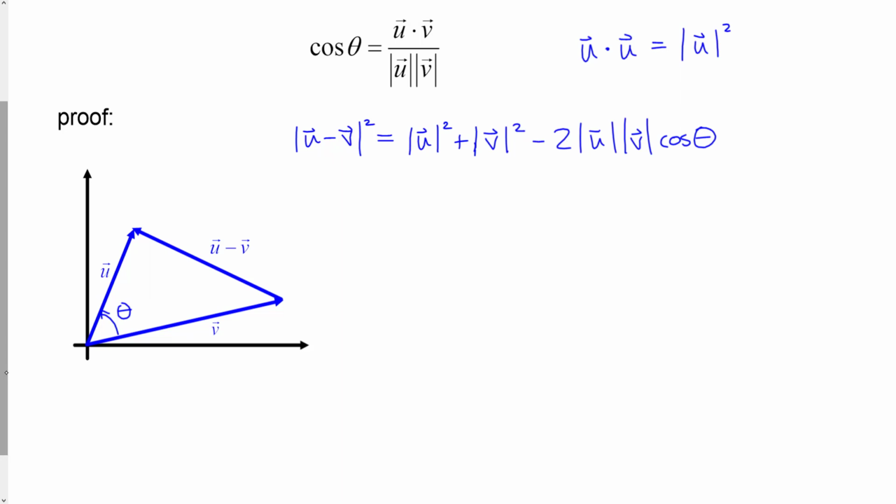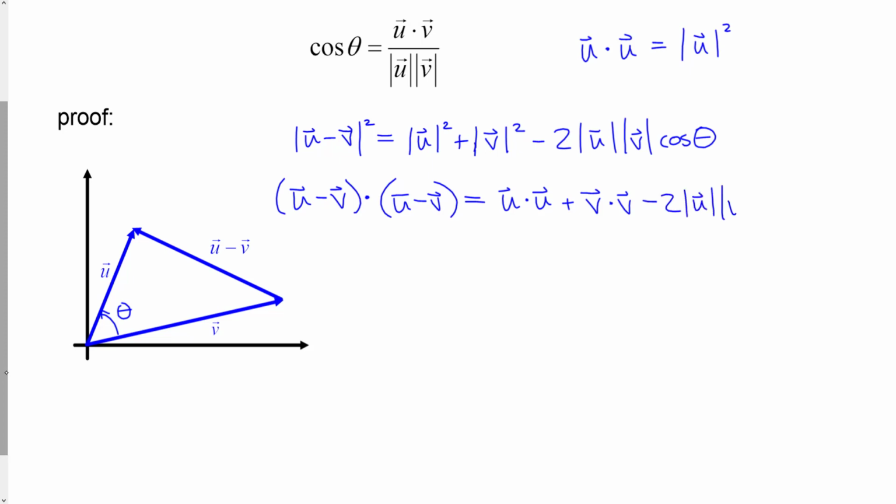We're going to turn those into dot products with themselves. So for instance, on the left-hand side, I can express this as u minus v dot u minus v. And then I can express the magnitude of u squared as u dot u. And the magnitude of v squared can be expressed as v dot v. And I'll leave this part alone for just a moment. I'll get to it in a bit.